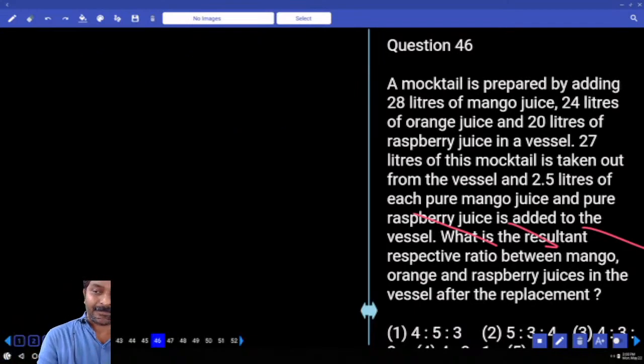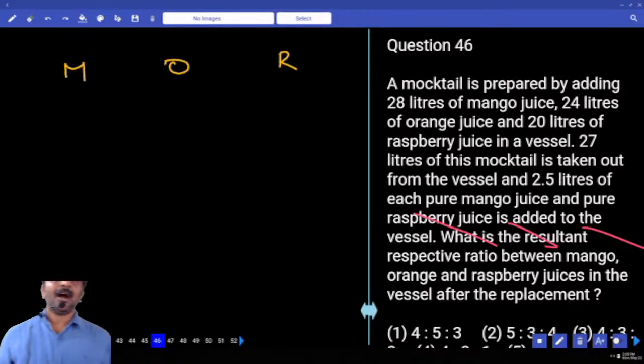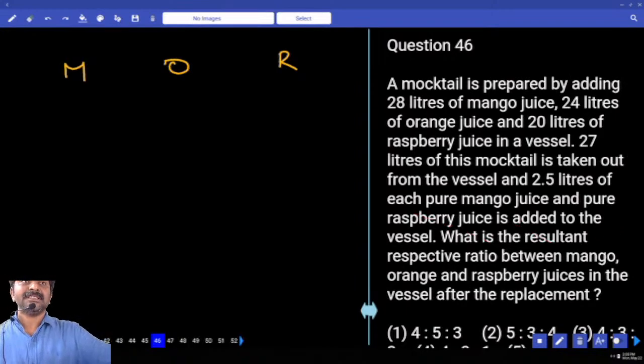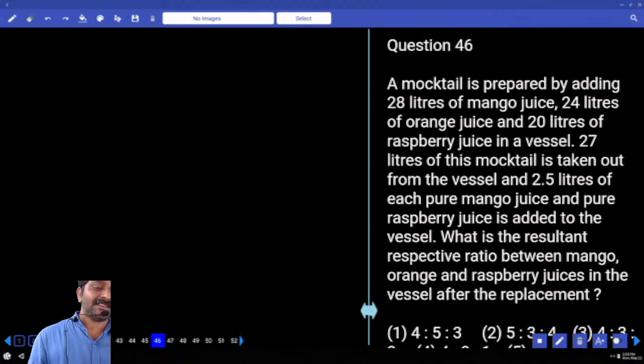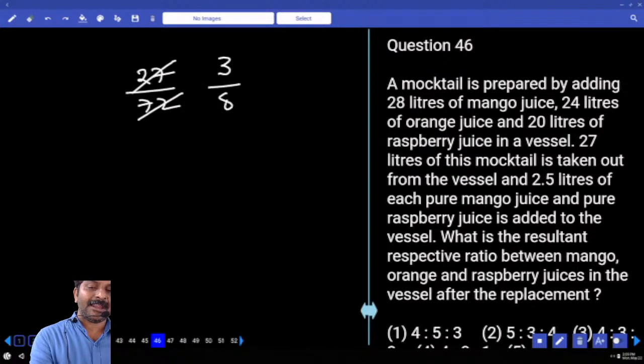Now let's see. We have mango, orange and then raspberry. All three together, how much quantity do we have? 72. How many liters are taken out? 27 liters out of 72 liters, right? 9, 3 times; 9, 8 times.